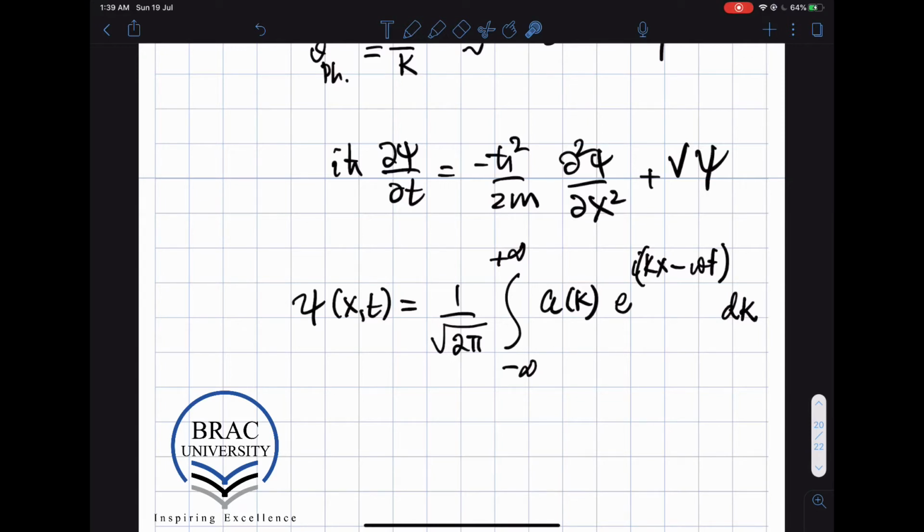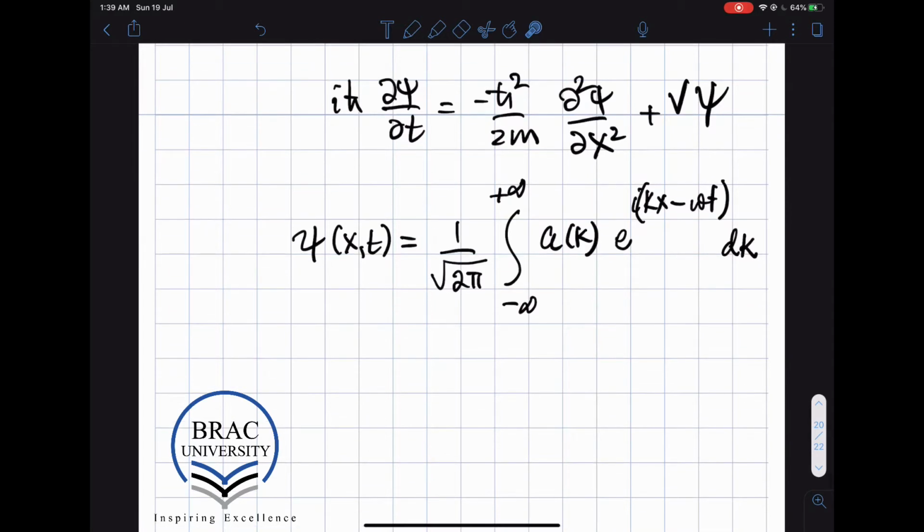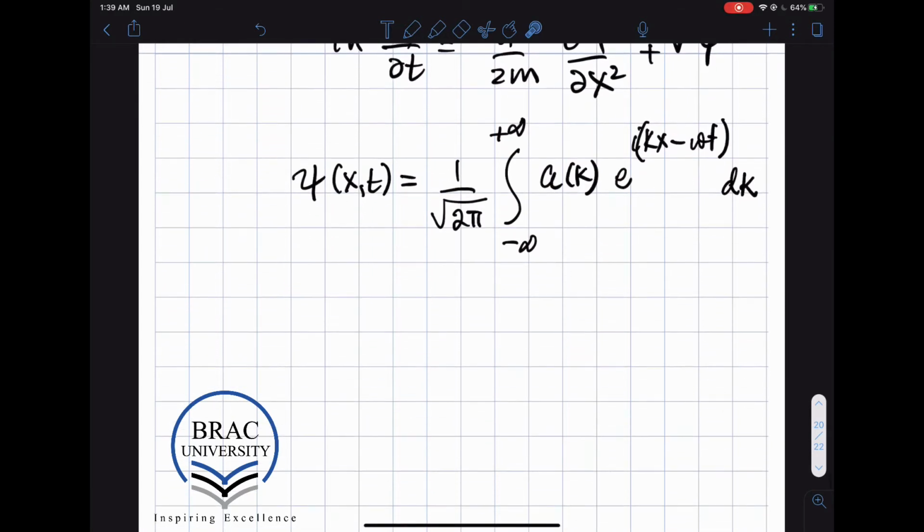So if we are to describe some kind of physical particle by this, then what we expect is a wave which is more or less localized. A particle has some localized position in space. So if this wave function is going to describe the particle, then it'll be something like this, right?